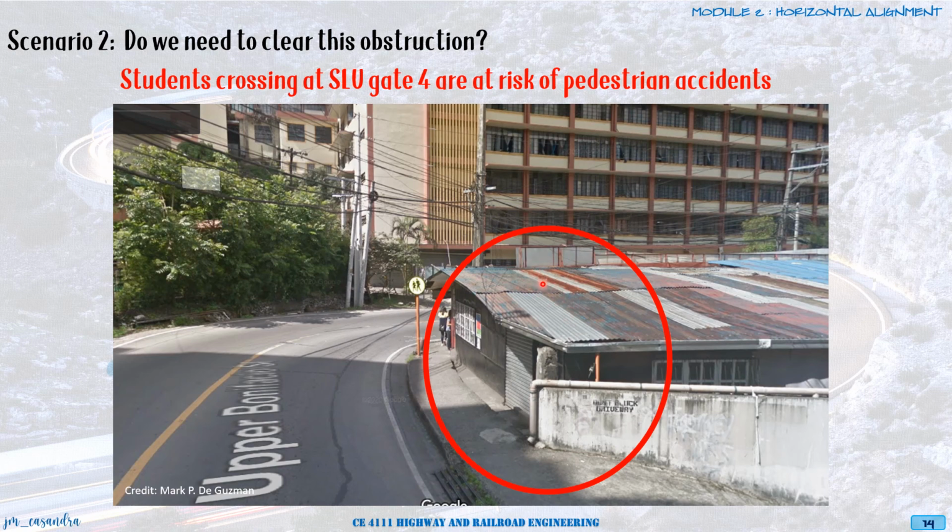Students crossing at our gate 4 will be at risk because vehicles coming here will not be able to see our crossing students or crossing pedestrians. So dapat medyo may distance, safe distance na clear dito. So dapat wala yung ibang portion ng building na to.